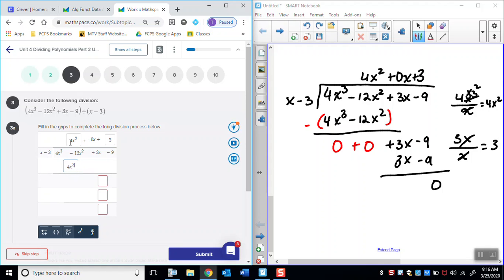And then 4x times negative 3 is negative 12x squared. Okay. And then over here, when we subtract the 2, we get a 0. Okay. And then we bring down the plus 3x.